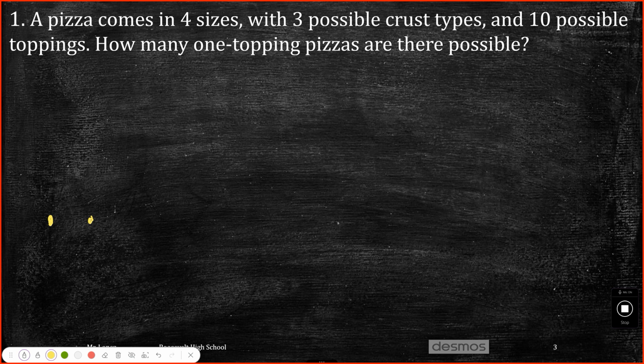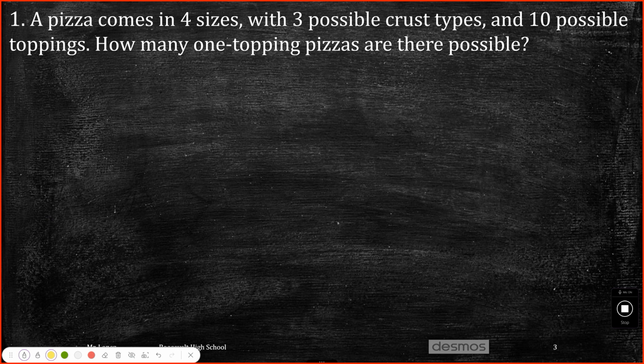So a pizza comes in 4 sizes. Say you got a personal, small, medium, large, or something. And then you got 3 possible crust types. Say you got a thin, deep dish. What's another one?